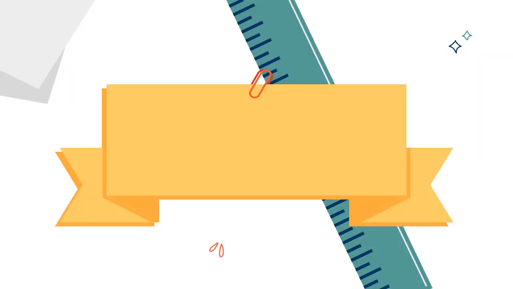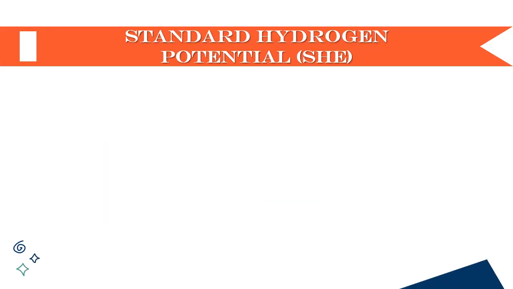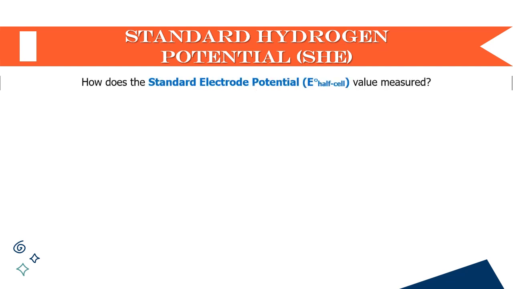The next part, we're going to discuss the standard hydrogen electrode. What is this? How are the standard electrode potential, the E naught half cell values, measured? Up until now, what I have taught you is how to use the values inside the SRP table.